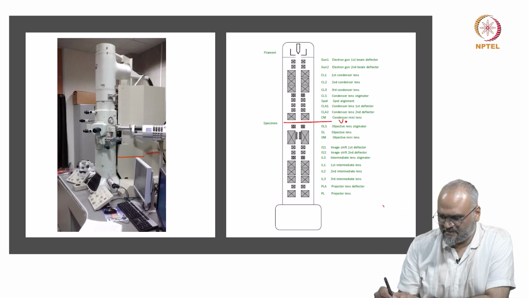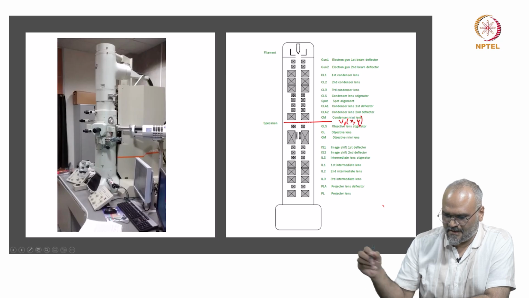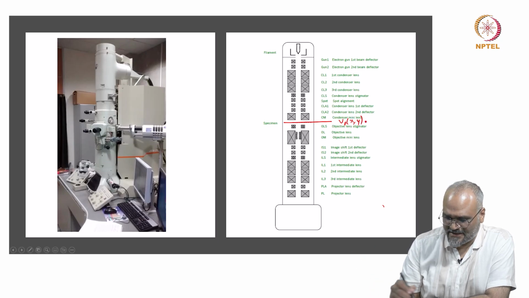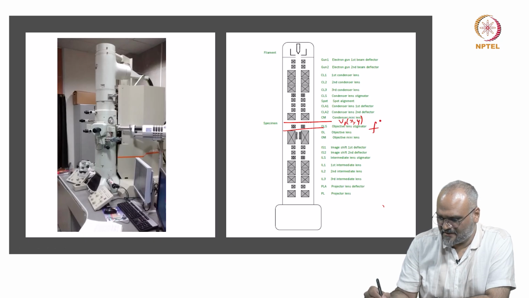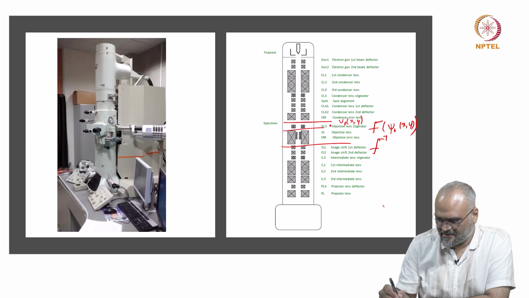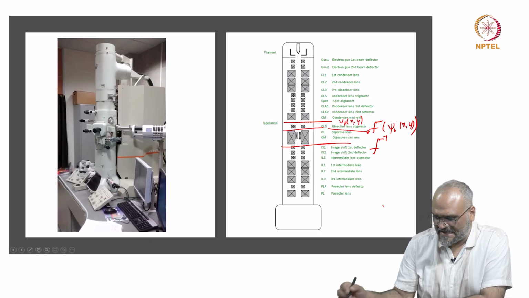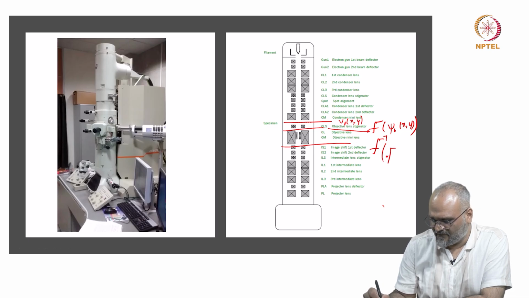So if I say the specimen is having a potential of xy here, at the back focal plane I have the Fourier transform of psi naught xy from the specimen, and at the image plane I have the inverse Fourier transform of that.